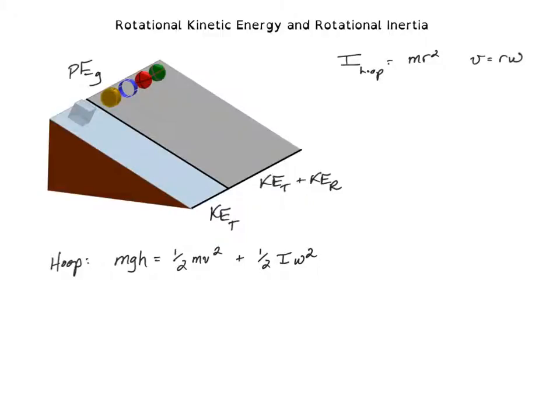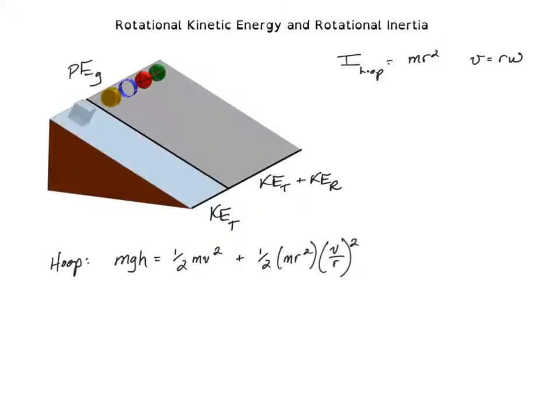So I'm going to erase this stuff here and plug in these new variables: my equation for moment of inertia, and omega in terms of translational velocity.